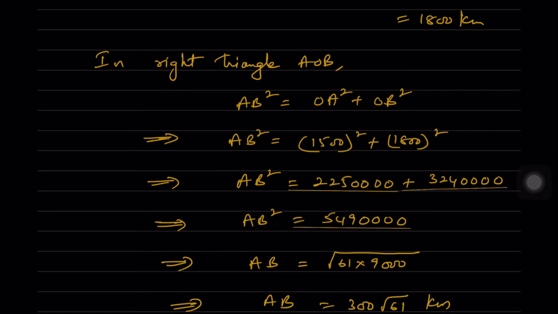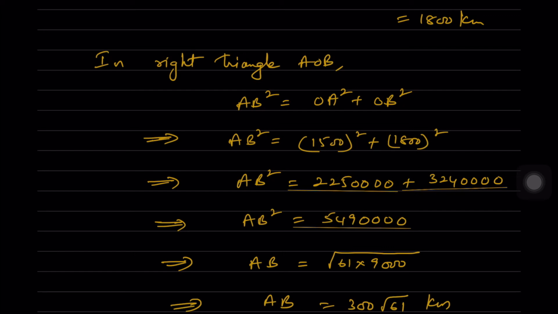AB square is equal to OA square plus OB square, which is equal to 1500 whole square plus 1800 whole square. Here you can see the value of 1500 square and 1800 square over here. 15 square is 225, add 4 zeros. 18 square is 324, add 4 zeros.